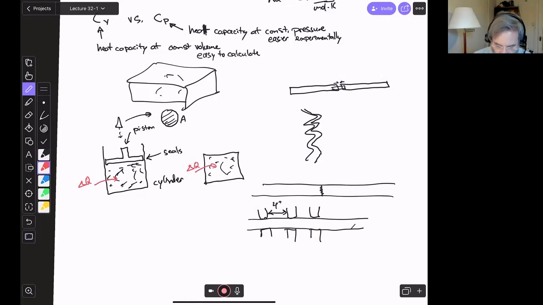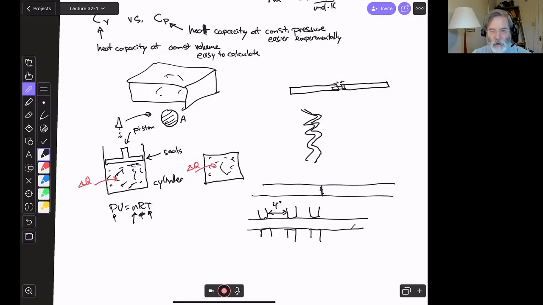In the case of the piston, when I add this heat to it, we know that PV equals nRT. I'm keeping R constant, of course, and n, the number of moles, is being kept constant. So if I increase the temperature, that means that the pressure is going to increase and it's going to push upwards on the piston.